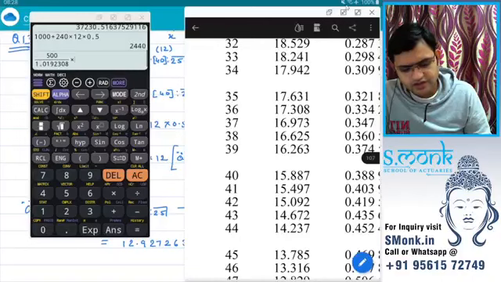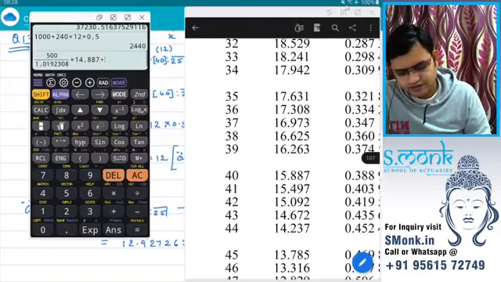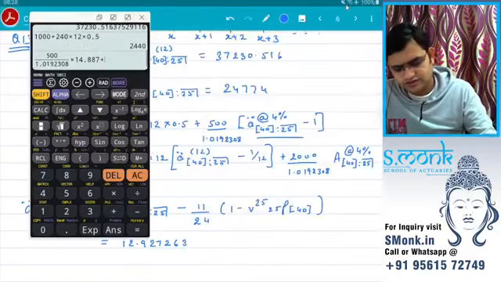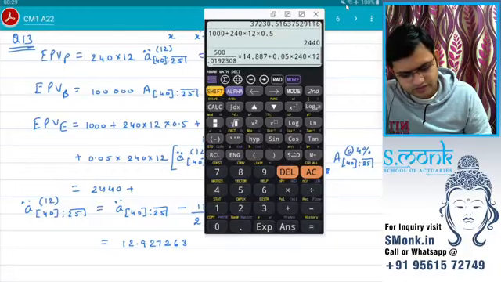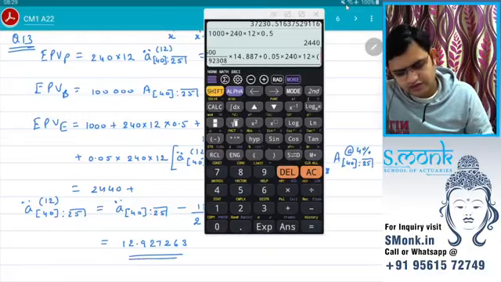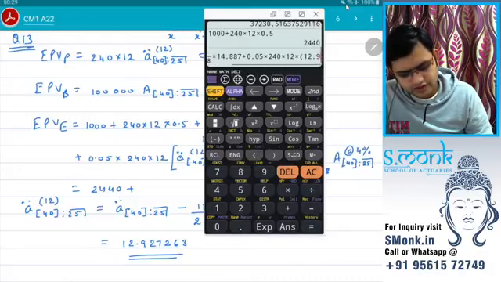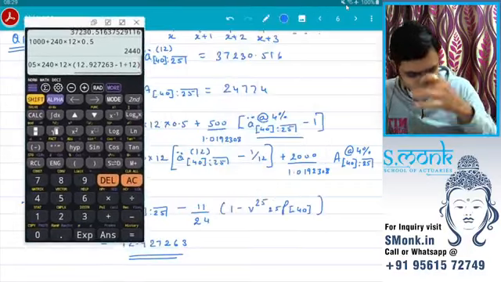Select 40, and then I want minus 1, so I'll directly write 14.887 plus we want this 0.05 into 240 into 12 into, this is the annuity that we have, 12.927263 minus 1 by 12. Bracket close.